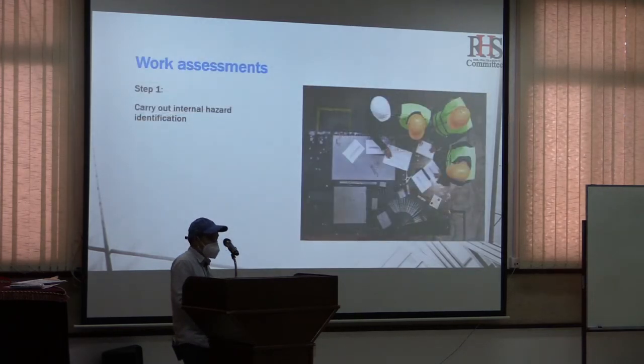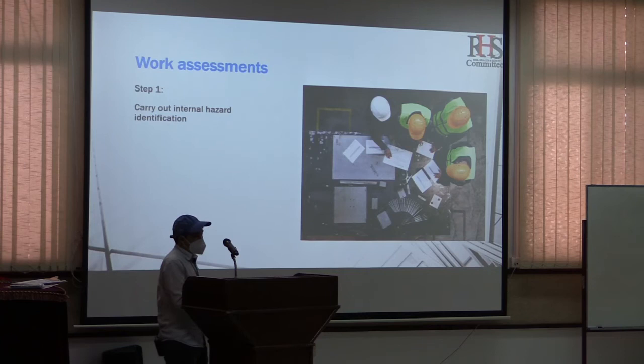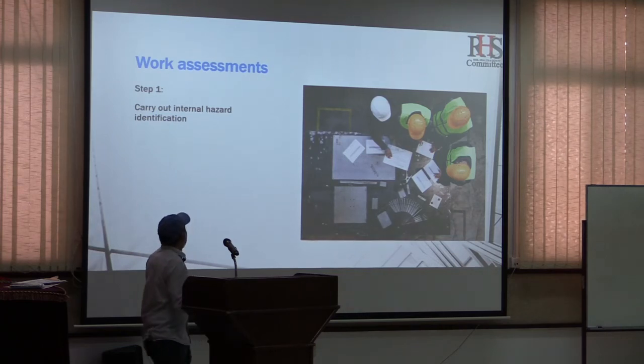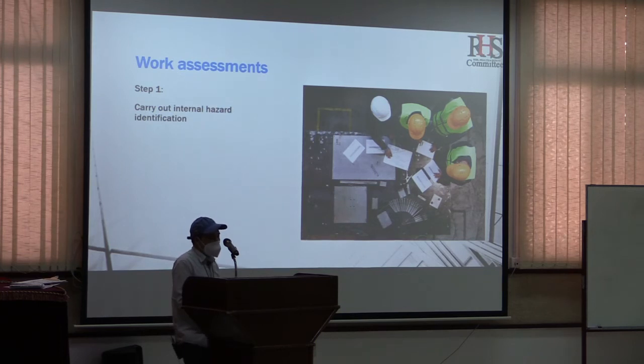So for example, what do you do about step 1? When you are carrying out internal hazards and identifying these internal hazards, how do you do that? You try to document, you try to identify potential controls when you are identifying the hazards through work assessment.